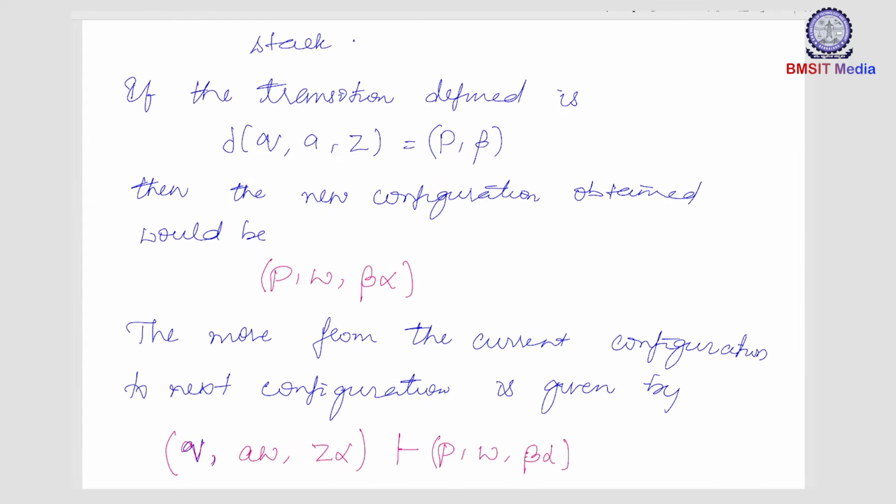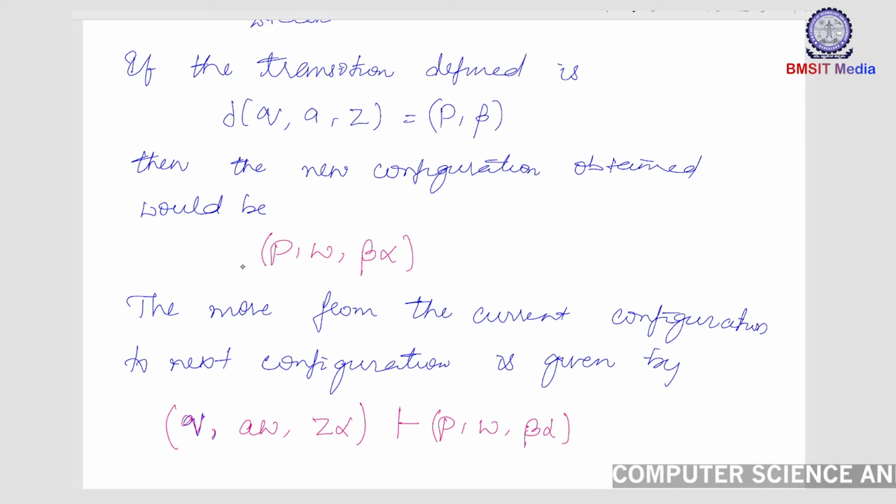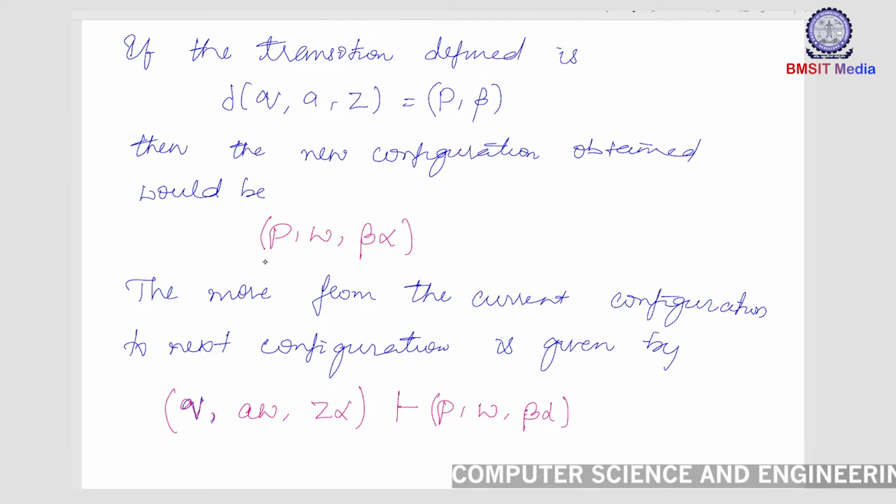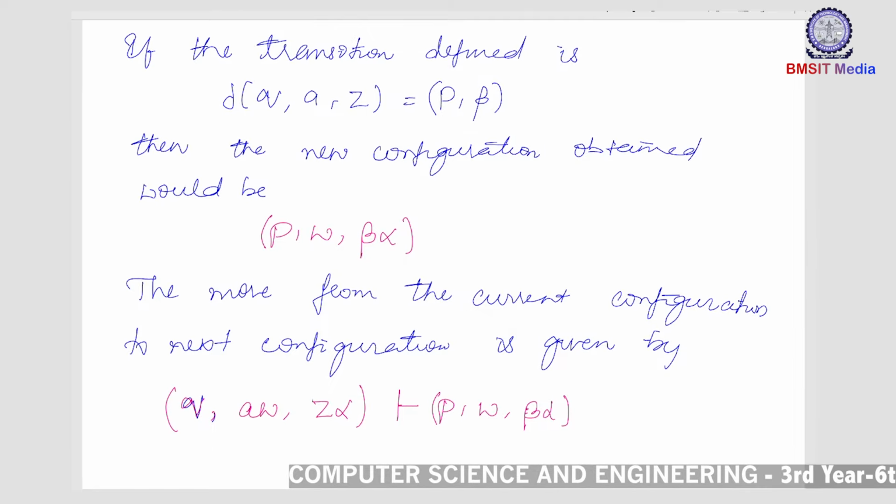Let's take a sample transition. If the transition defined is delta of (q, a, Z) = (p, beta), then the new configuration obtained would be (p, w, beta alpha).